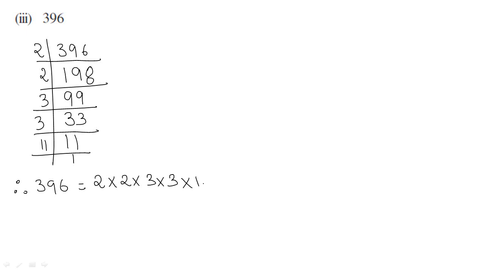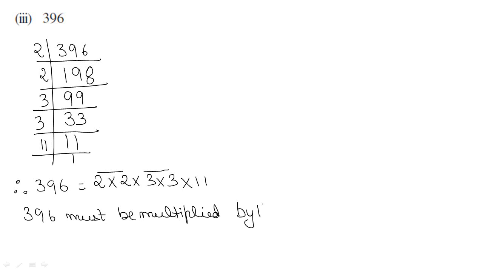Now let's make the pairs, and which number is left? 11 is left. So we will be writing 396 must be divided by 11 so as to make it a perfect square, right?